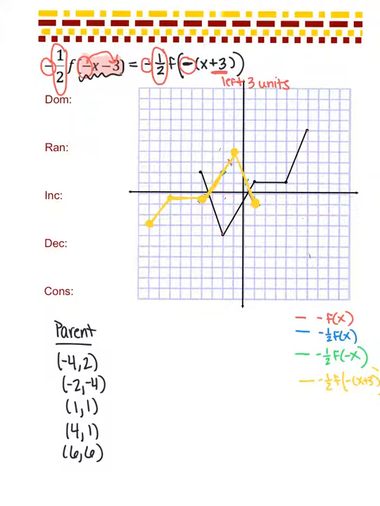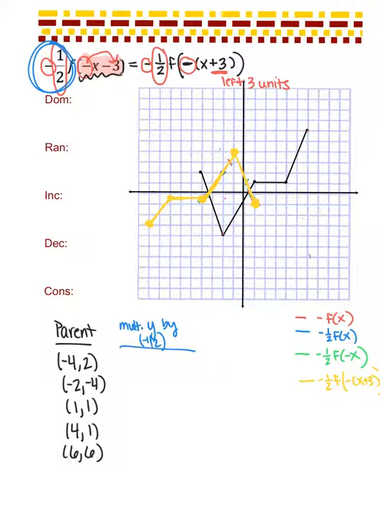So if you were a point person, I probably would have done this in 3 steps. I would have done the negative and the 1/2 together. So that's multiplying the y values by -1/2 first. That would have taken care of the stretch and the reflection.